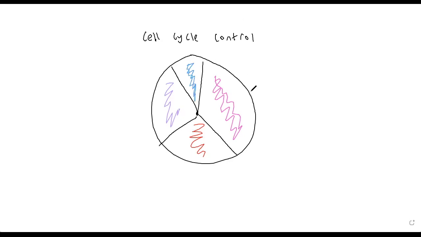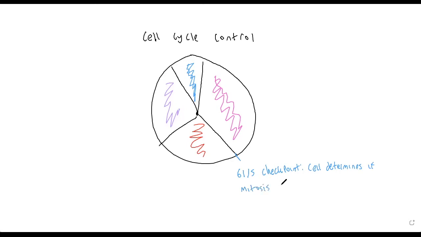And a series of events has to happen for the cell to progress through this cell cycle. And one of the biggest things is a checkpoint called the G1S checkpoint. This is actually a point where the cell determines if mitosis is possible.